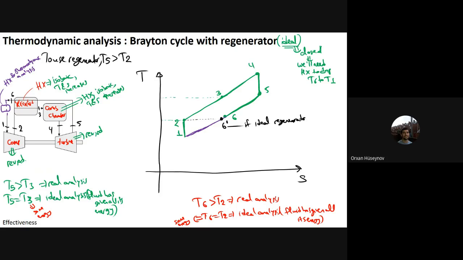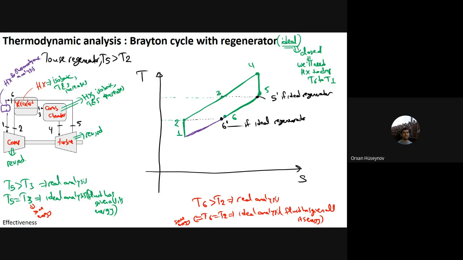Similarly, if it is ideal, 5 and 3 should be the same. Okay, so if I do that one here, this one should be 5 prime, if ideal regenerator. Okay, now you can notice that from 2 to 3, I'm adding heat from the regenerator, and from 3 to 4, I'm adding heat by the combustion chamber.